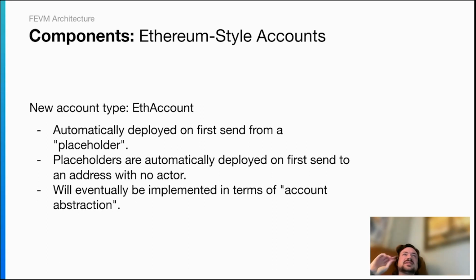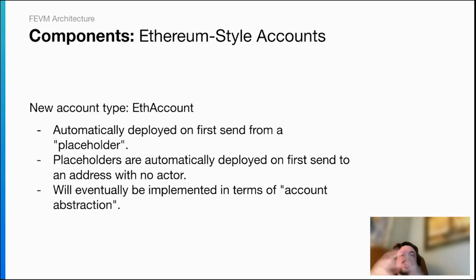So in the future, we'd actually change F4 addresses such that when you send a message to an F4 address that doesn't have any actor deployed, instead of deploying a placeholder, we'd automatically deploy, in the case of the EAM or the EVM, an ETH account. But that's getting into really complicated territory, so we won't get into too many of the details there. But that's Ethereum style accounts.